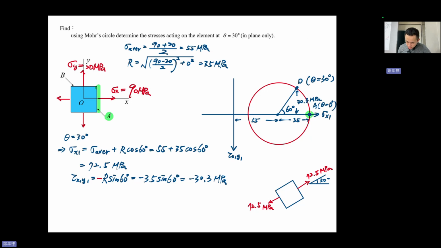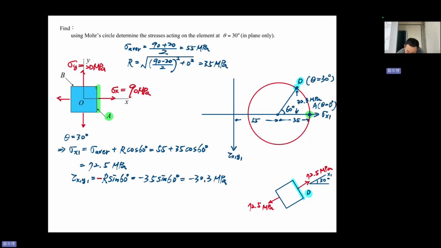So I will say this is x1 direction. Okay, and I would like to draw this plane. We call this plane D, and this is the point D. So they represent together. Next, we have tau x1 y1, which is negative.